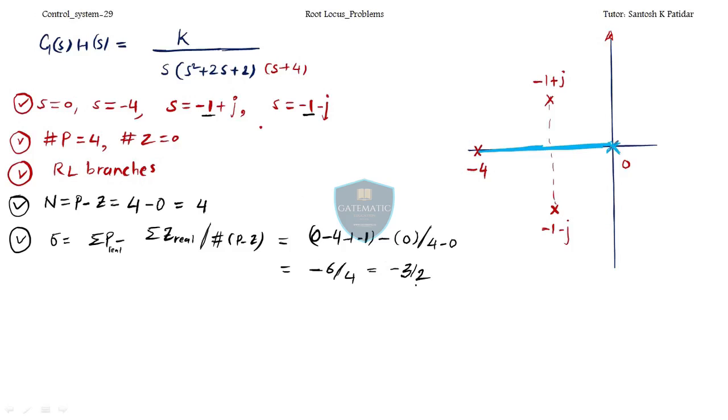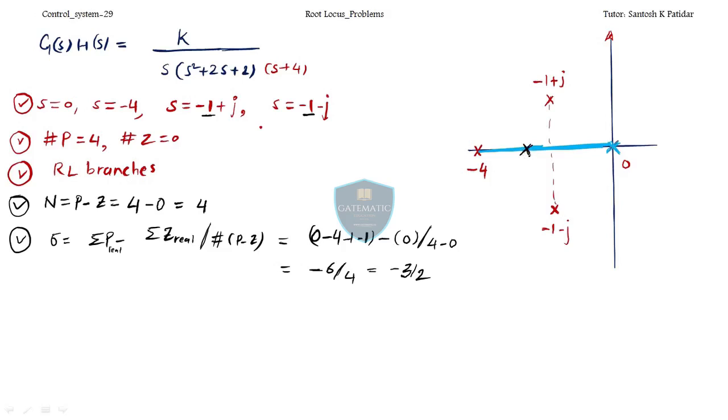So your centroid point will be at -3 by 2. Let's take this as 1 and some up over here. This is your -3 by 2, isn't it? So this is your centroid point.